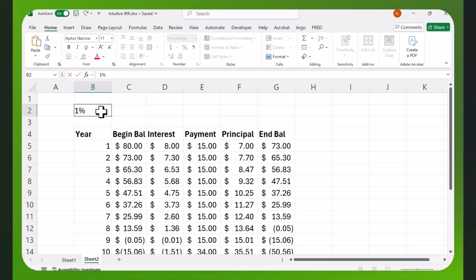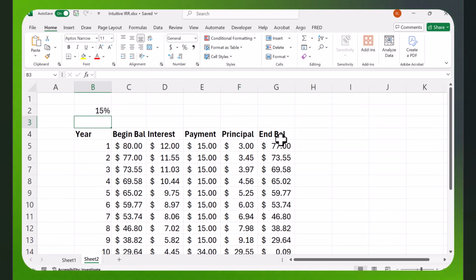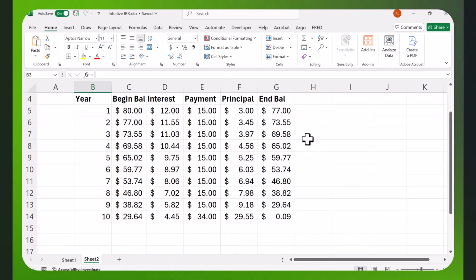But if the IRR is the one that makes NPV equal to zero, it's also the interest rate that makes this amortizing loan pay off the total balance. That is, these cash flows exactly pay this off. All right.